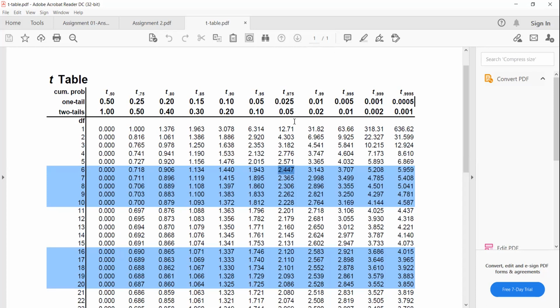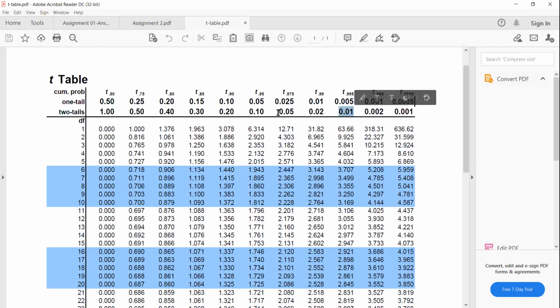So from the table, you have to first read the degrees of freedom as 6. And since the alpha value is equal to 0.05, and since it's a two tail one, because we are interested in two values from either side of the distribution, alpha is 0.05 because our confidence interval is 95. If our confidence interval is 99%, you have to go with alpha 0.01.